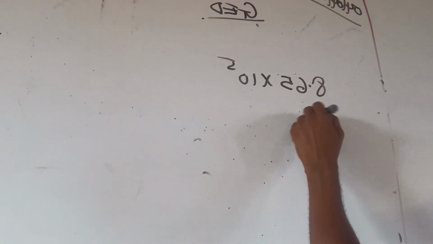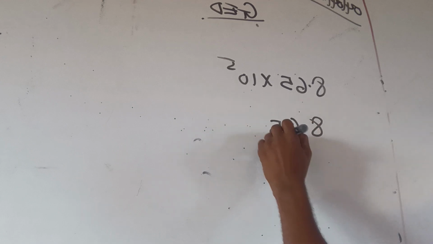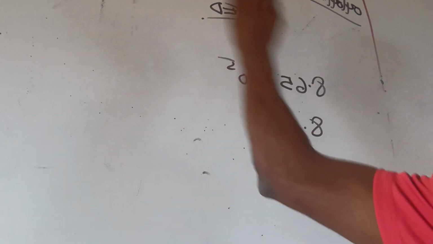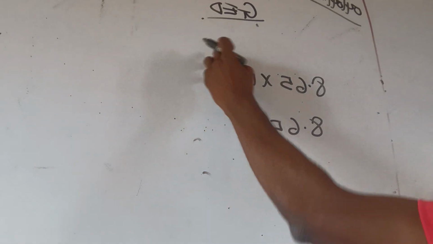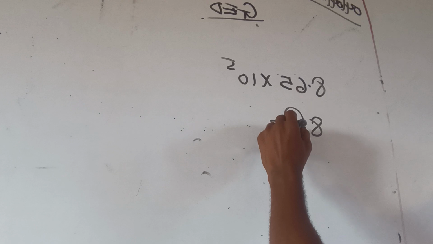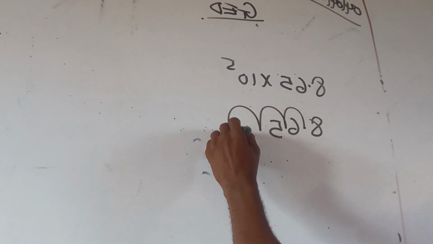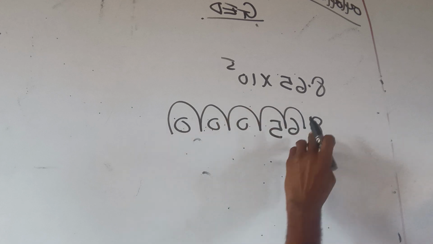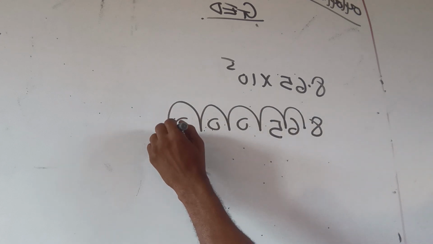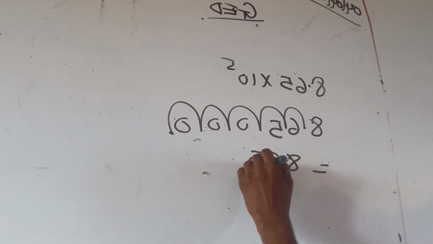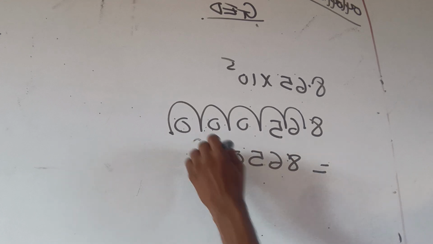So I can bring down my 8.65. It means that I'll move this decimal to the right 5 times because the power is 5. So let's go: 1, 2, 3, 4, 5. Then I'll put 0 here. The decimal is no longer here, but rather it is here now. So then I write out my numbers: 8, 6, 5, 0, 0, 0.